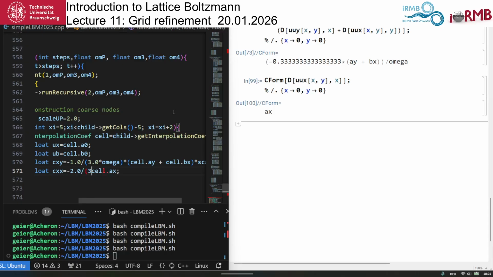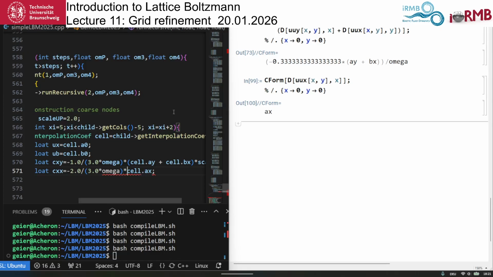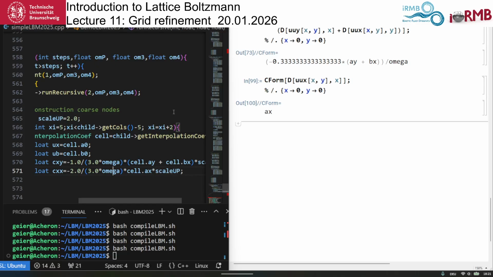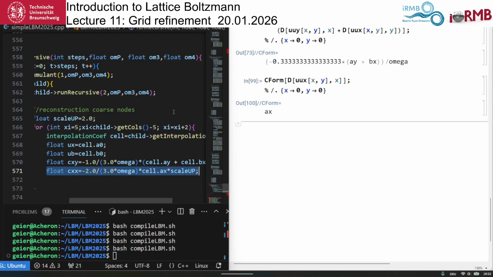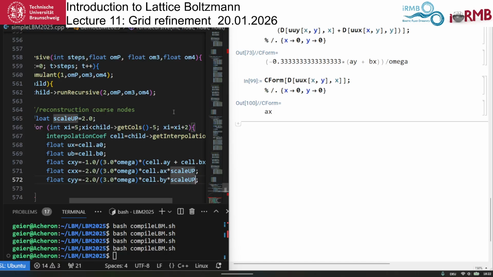This is 2, 3.0 times omega times this, and also this we have to scale up. And then we have to have this one, and I guess this is by. Now we should have these things.